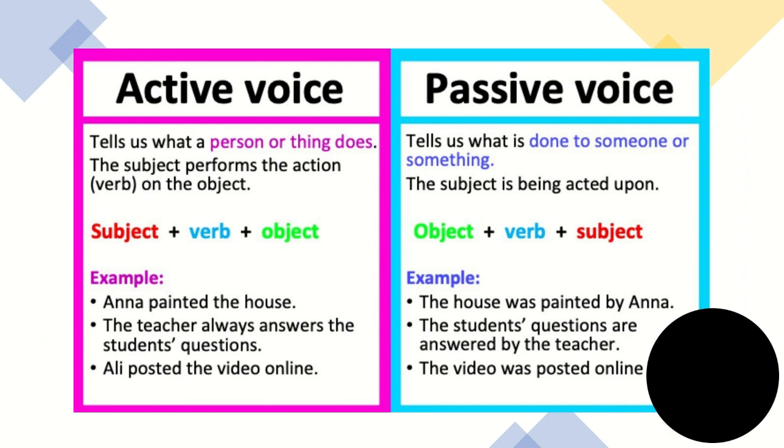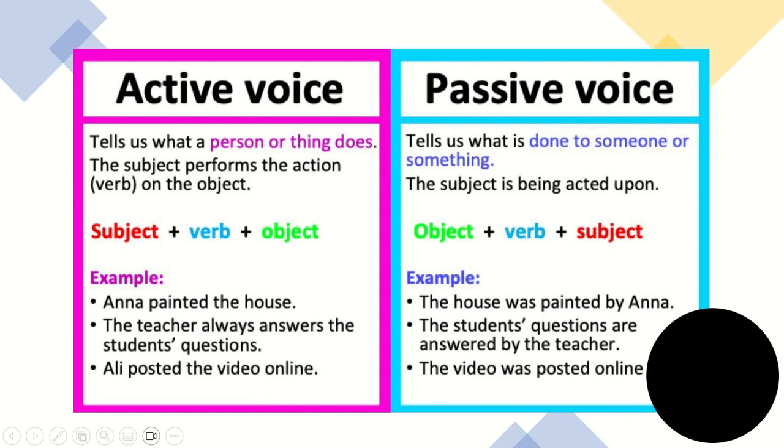So the order of the sentence is the subject, verb, and object, and it tells us what a person or what a thing does. So the subject here performs the action. In passive, it tells us what is done to someone or to something. So the subject is being acted upon, or the subject receives the action. The order of this passive voice will be object, verb plus subject.